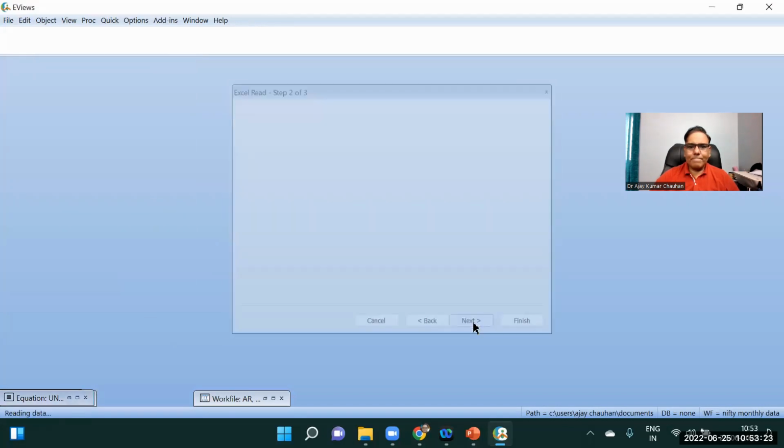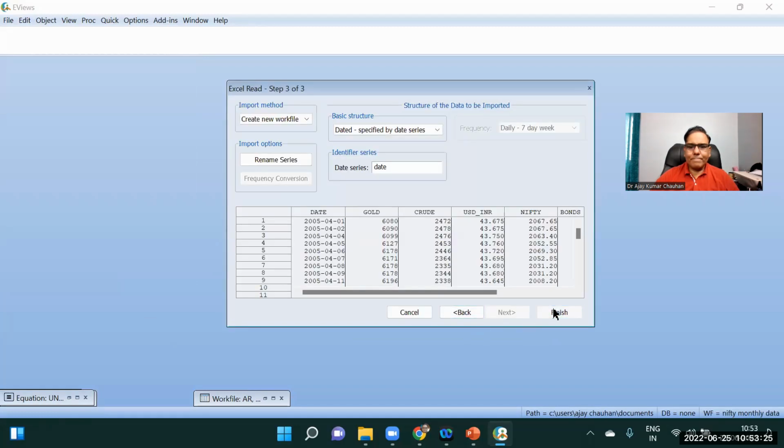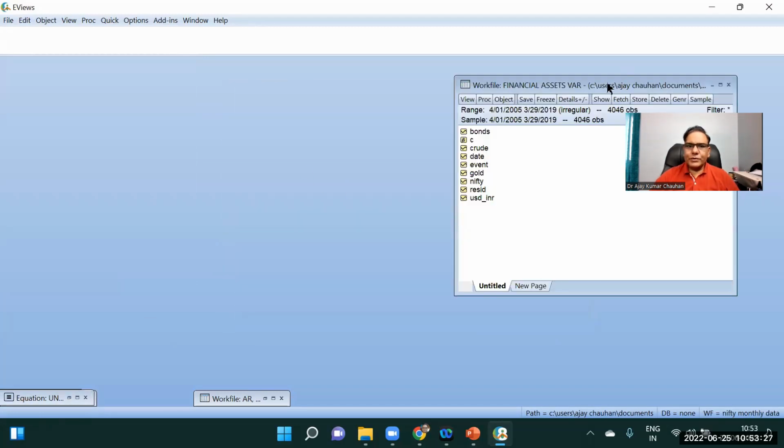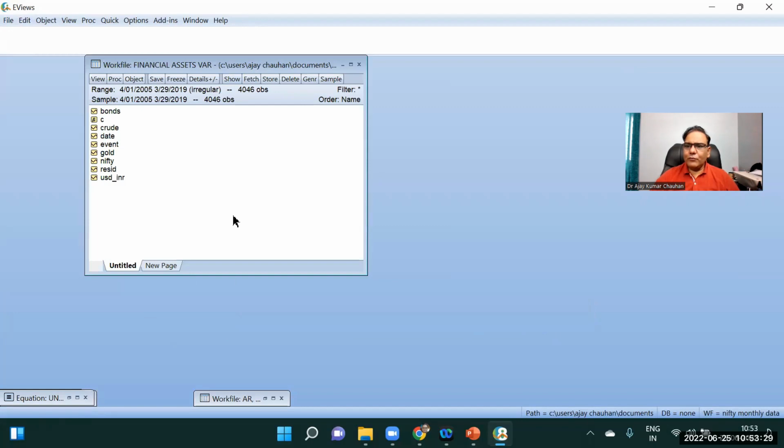Suppose I have this equation and I want to forecast the next value of, let's say, gold. So which kind of equation will I make? Let's see. It is daily data, and we are having the data up to 29 March 2019. So go to quick estimate equation.